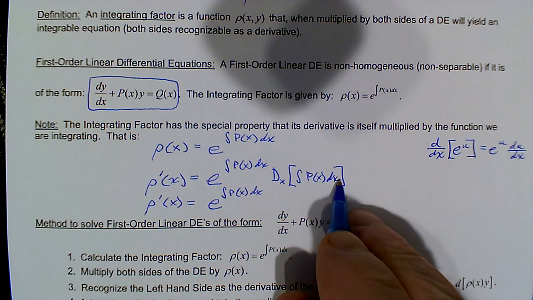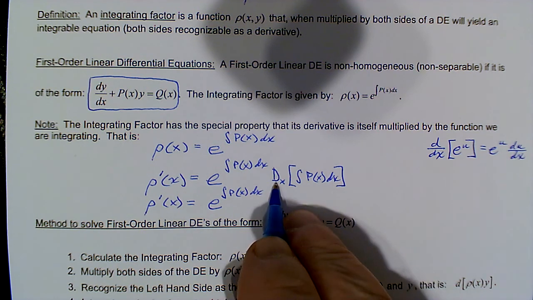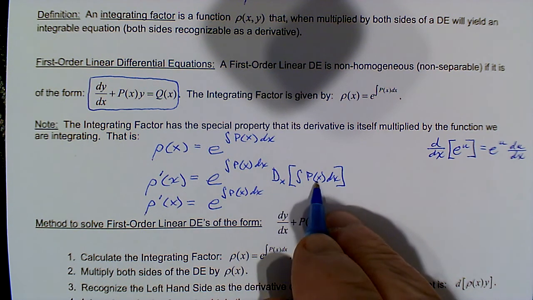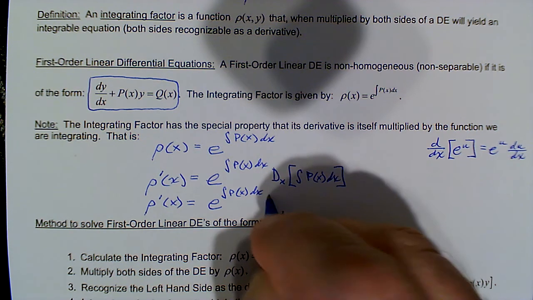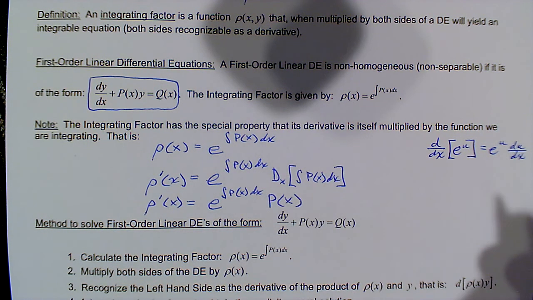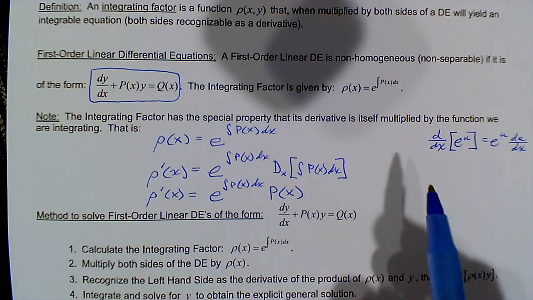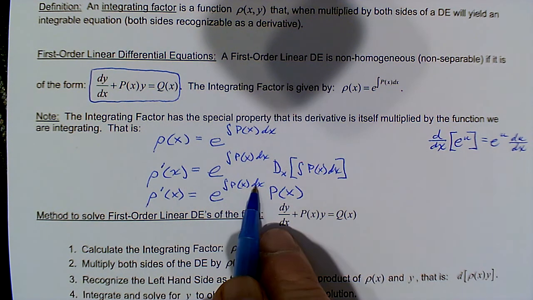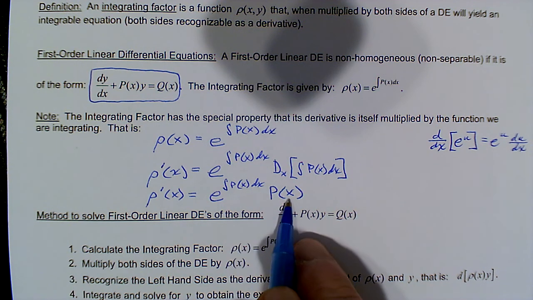Well, the derivative undoes the integration. So the derivative of the integral of something is just something. So that's p of x. And so that shows us the special property that the derivative of the integrating factor is itself, e to the integral of p of x with respect to x, times the function that we are integrating, p of x.